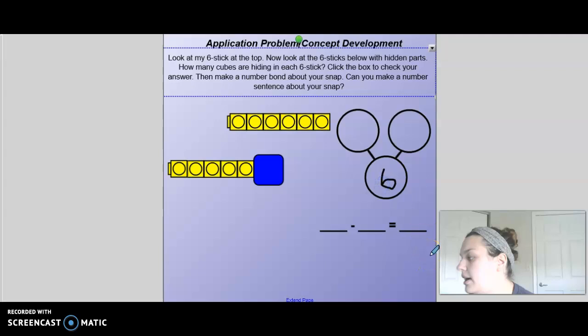Now, with your 6 items, on one side, I want you to push away this many items. So let's count. 1, 2, 3, 4, 5. So I need you to push those to one side, away from the 6. So you're going to push 5 all the way over. And that's one of our parts, right?